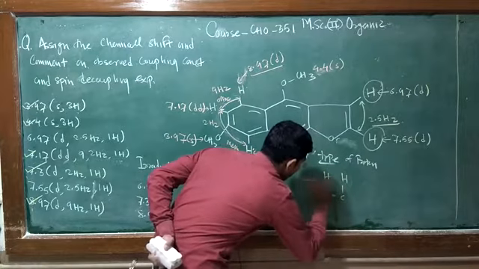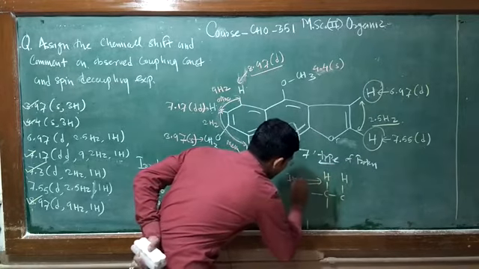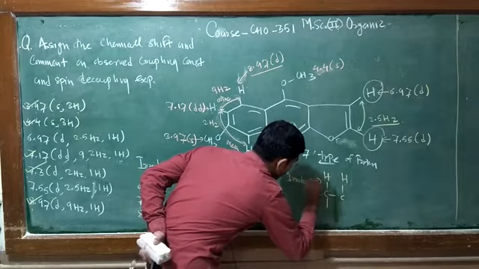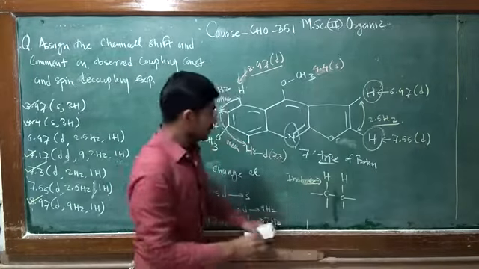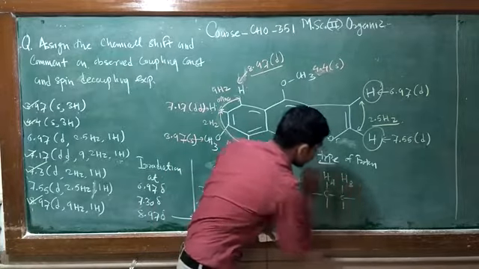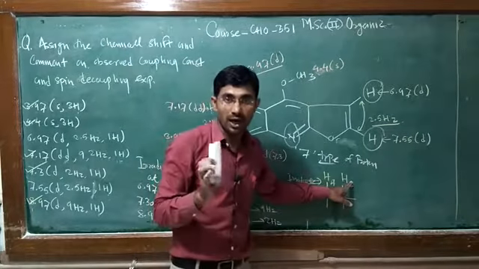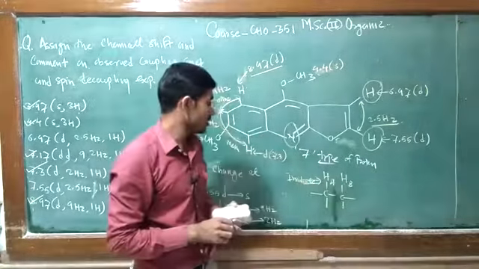As I already told you last time, suppose these two protons interact by the dipolar mechanism. This is HA proton, this is HB proton, and suppose HA and HB are coupled in the normal NMR spectrum.